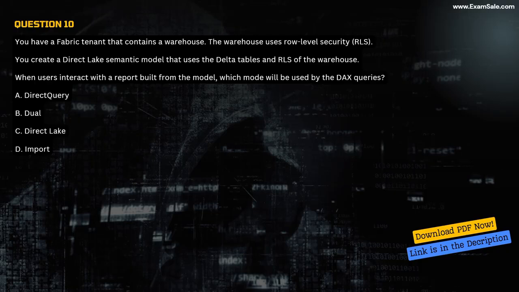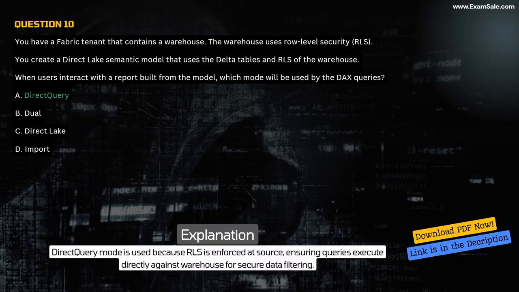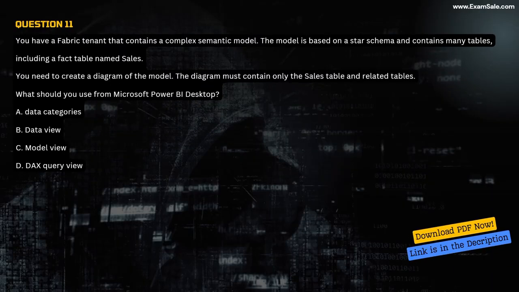C. Direct lake. D. Import. Correct answer A. Direct query. Explanation. Direct query mode is used because RLS is enforced at source, ensuring queries execute directly against the warehouse for secure data filtering.